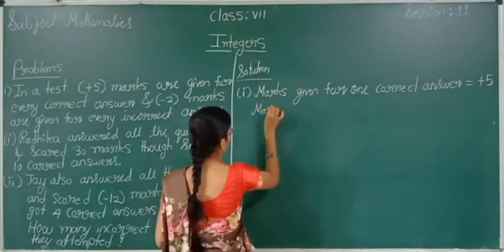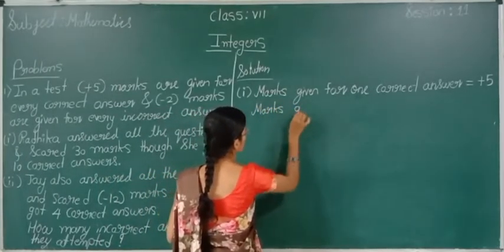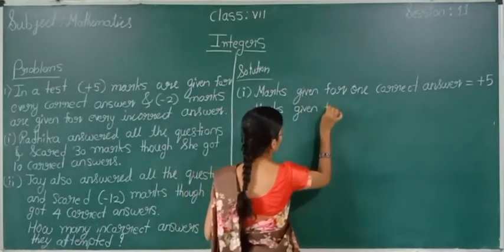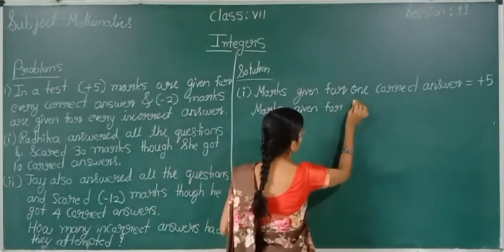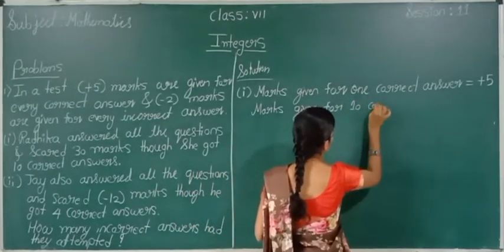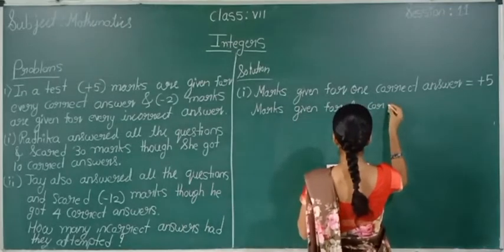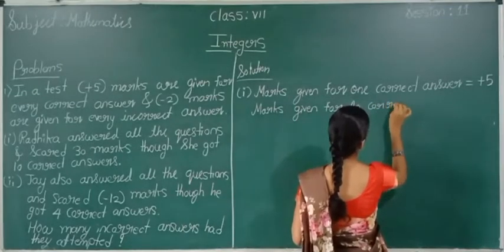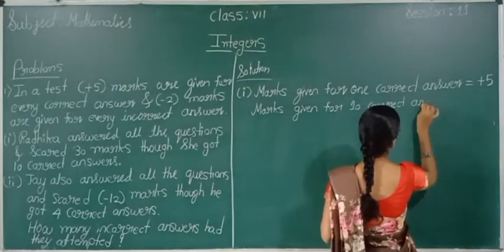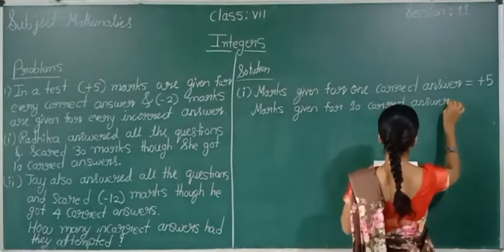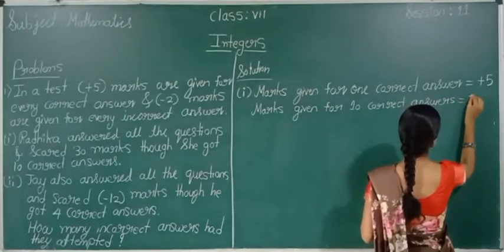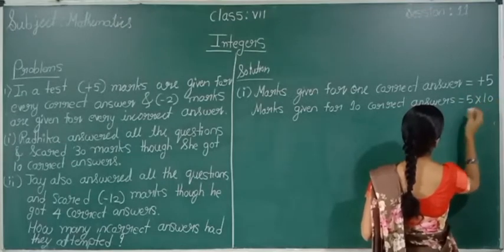Marks given for 10 correct answers is 5 tens are 50.